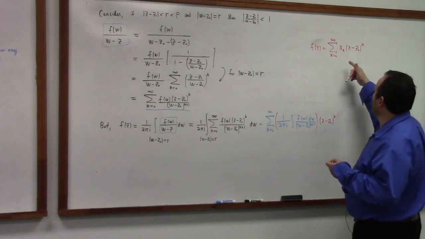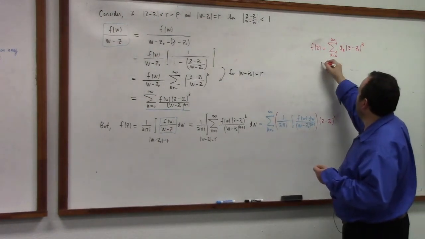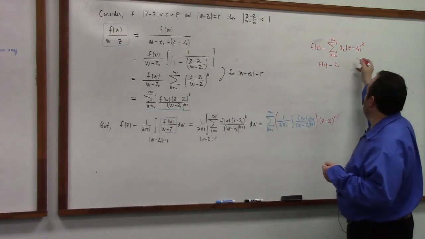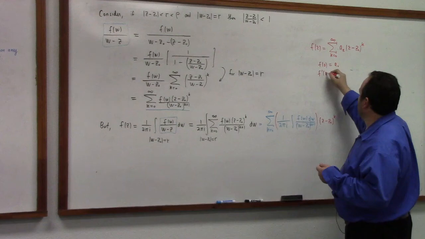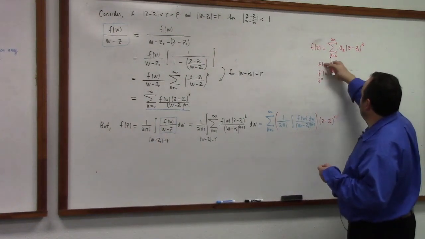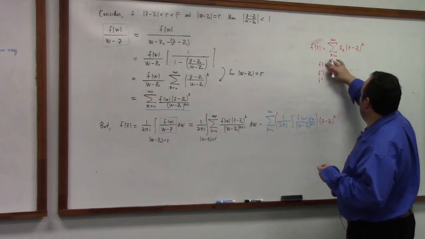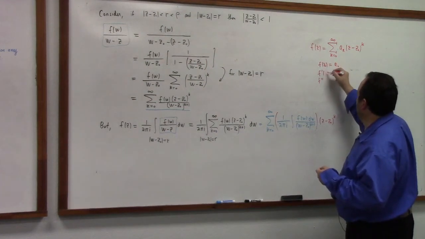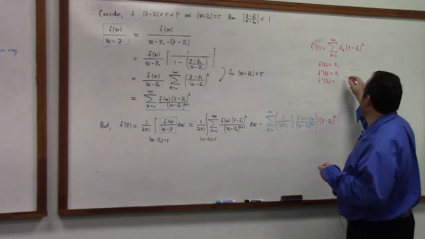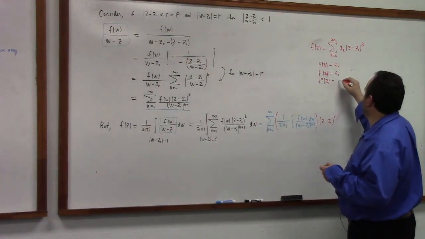But anyway, if you just plug in z naught, you'll get a0. And if you calculate f prime of z naught, you'll get a1. And f prime prime of z naught, well, that's going to be 2 times a2.